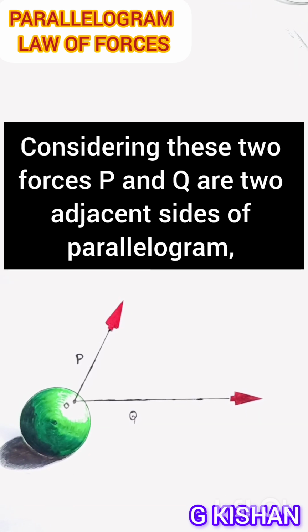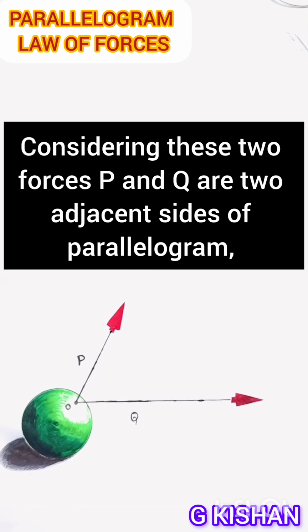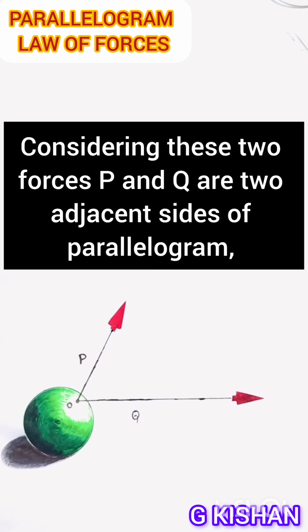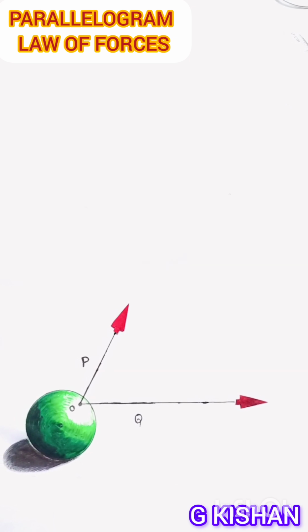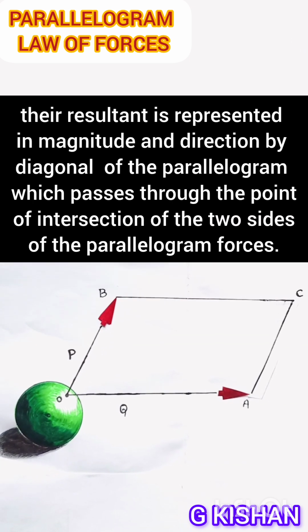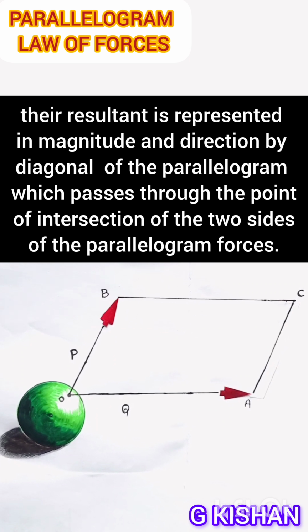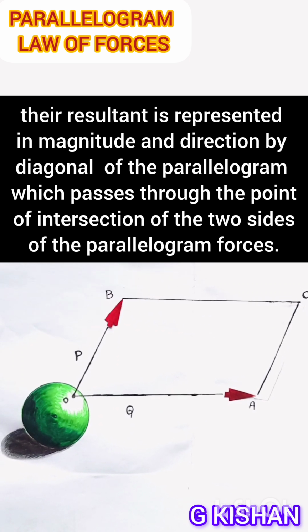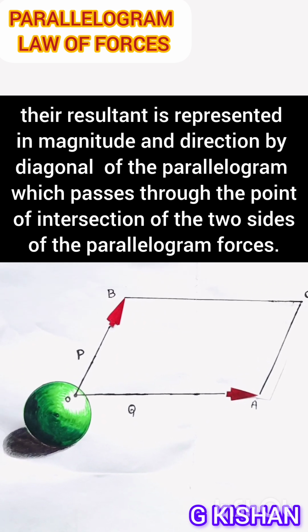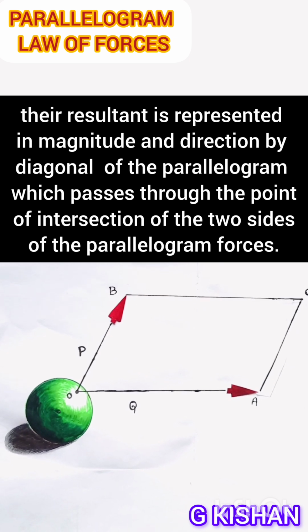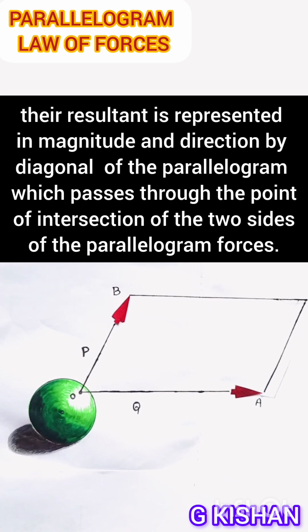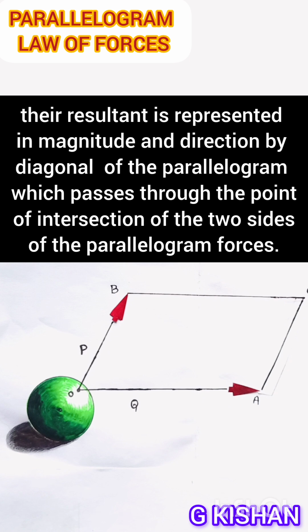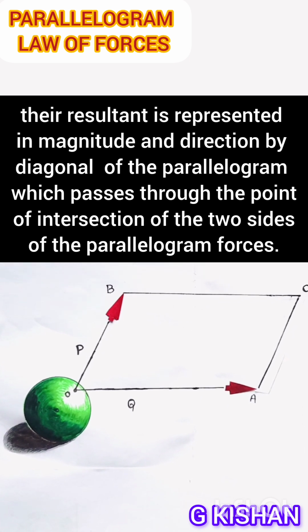Considering these two forces P and Q as two adjacent sides of a parallelogram, the resultant is represented in magnitude and direction by the diagonal of the parallelogram which passes through the point of intersection of the two sides of the parallelogram of the forces.